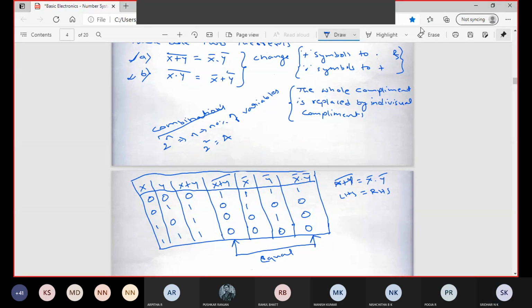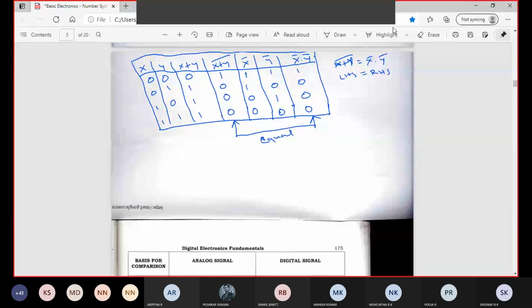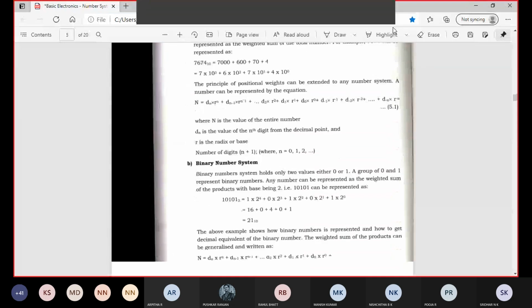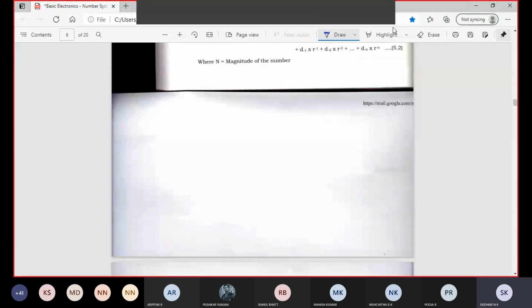So this is how you have to prove De Morgan's theorem, if they ask for 2 variables. If they ask for 3 variables, we'll see that later. First we'll see 2 variables. So we'll see how to prove the second law.